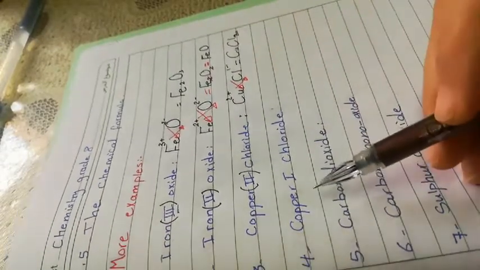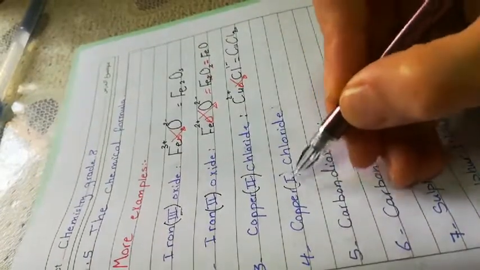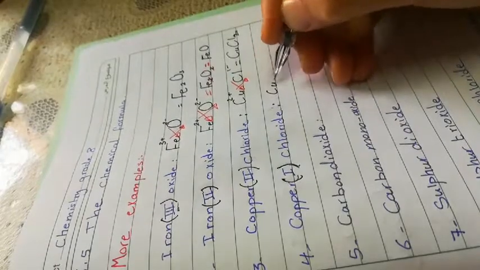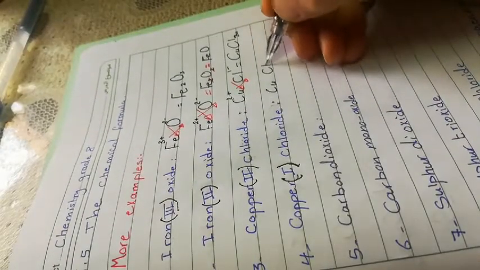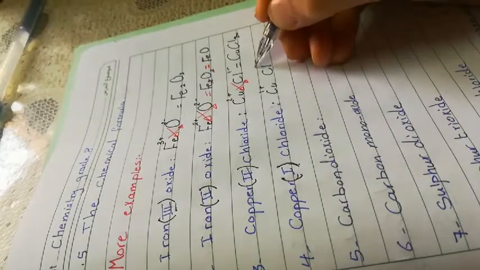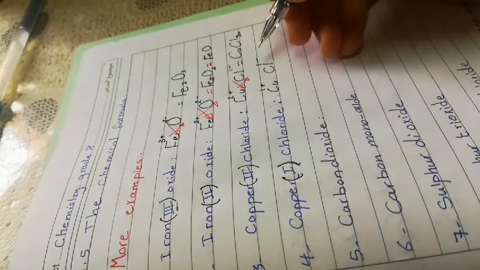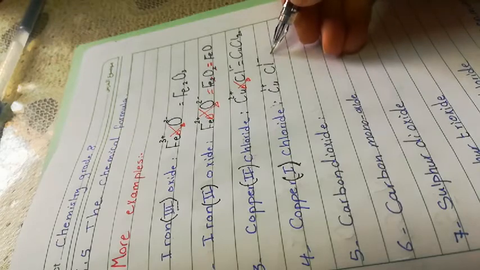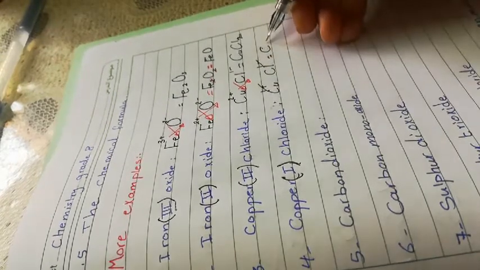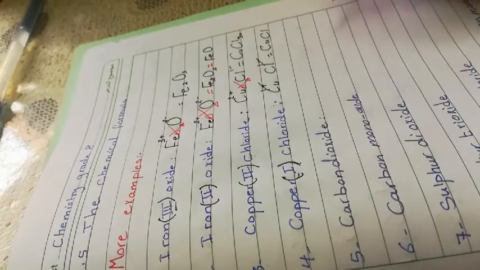Copper 1 chloride, copper is Cu, chloride Cl, 1 means positive 1, chloride means chlorine, which is in group number 7, so the valency is -1. 1 with 1 cancel each other, so it is CuCl.